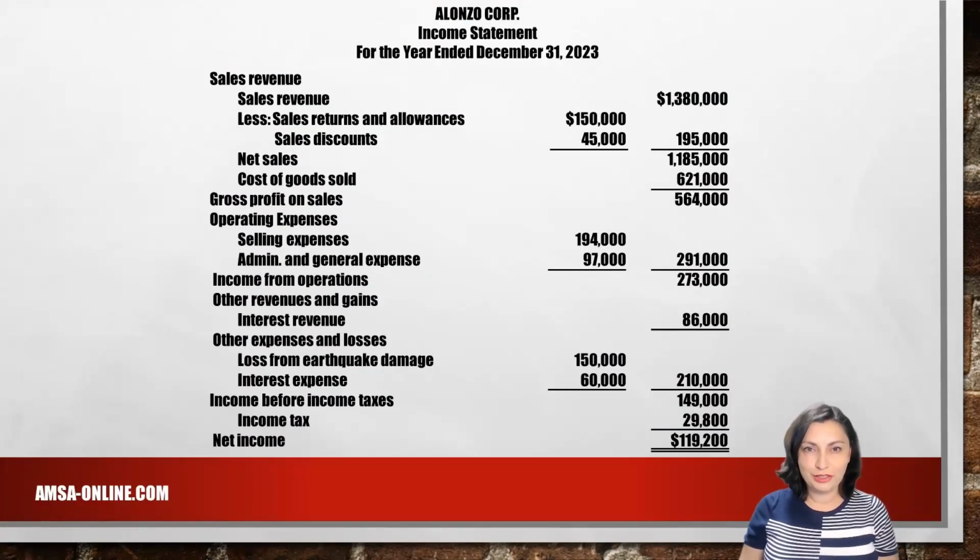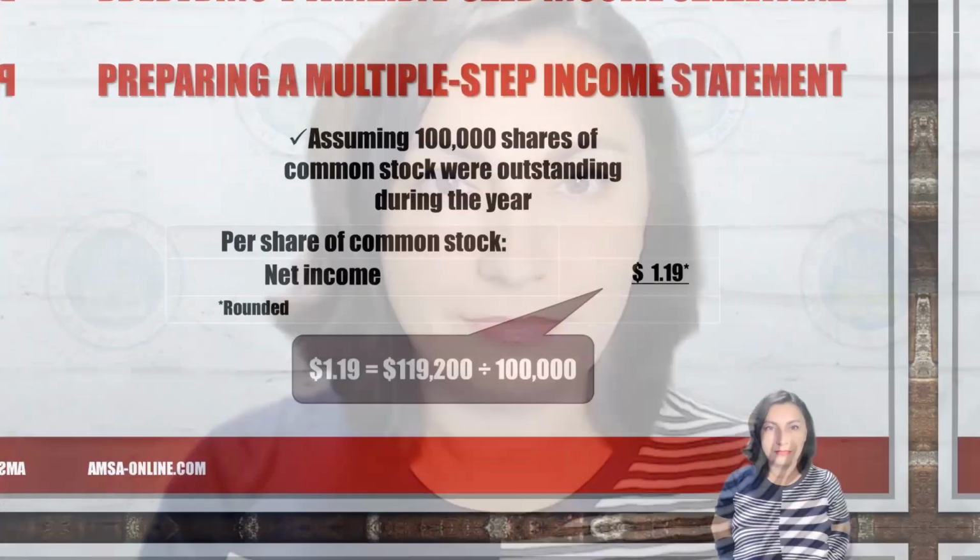Now let's look at the income statement. It starts with the sales revenue section, then has operating expenses, which are followed by other revenue and gains, and other expenses and losses. If you are required to calculate net income per common share, divide net income by the number of common shares outstanding.